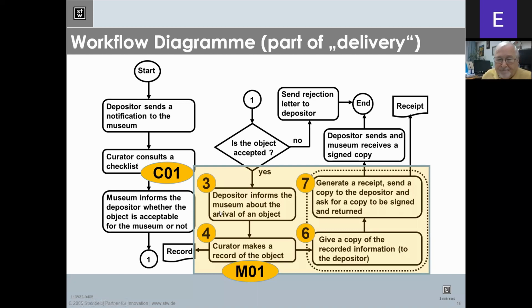If yes, then the depositor informs the museum about the arrival of an object. Curator makes a record of the object. You have here in numbers the different steps, which I'm using later on and have already used. And then to make a record, you need a user interface, and we call it mask.